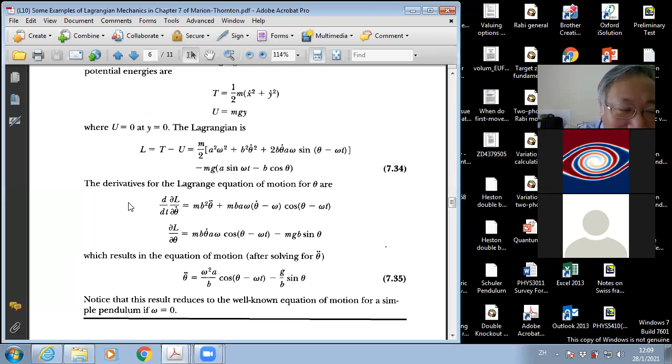So after deriving the desired equations of motion, you are all set. You have finished your duties. So in this sense, this course is much easier than the previous Newtonian mechanics course.